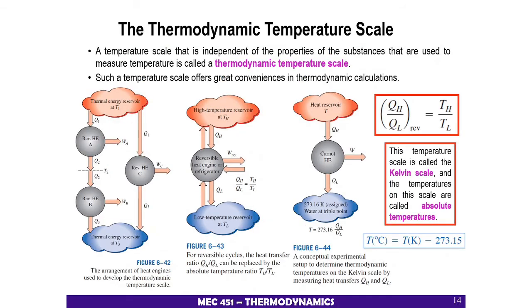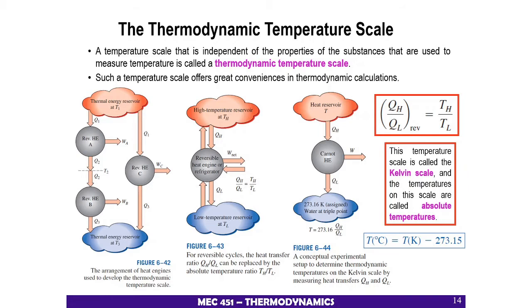Okay, the thermodynamic temperature scale. A temperature scale that is independent of the properties of the substance used to measure temperature is called a thermodynamic temperature scale. Such a temperature scale offers great convenience in thermodynamic calculations. From here we call it the Kelvin scale, and the temperatures on this scale are called absolute temperatures.